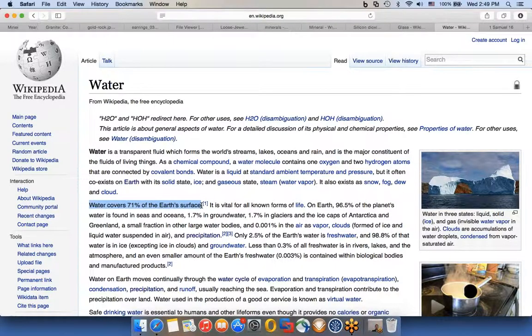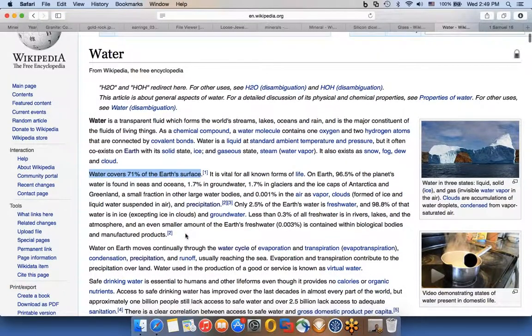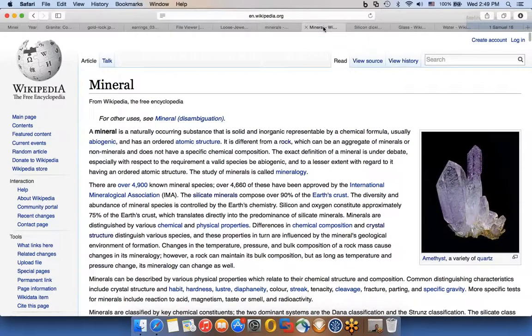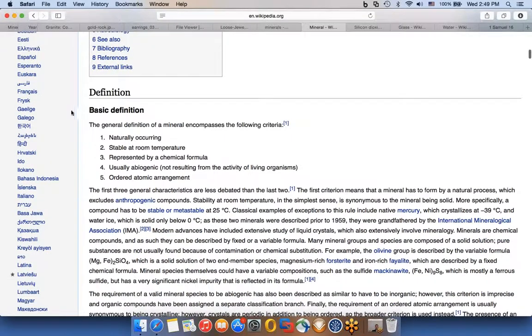Water is very common on the earth, and actually has a lot of very interesting properties. So I was thinking, is water a mineral? We see here the basic definition, okay? And it says that for a mineral, the general definition, it has to be naturally occurring. So is water naturally occurring?